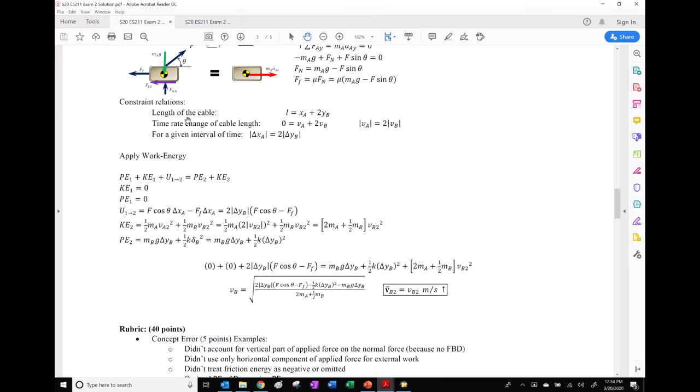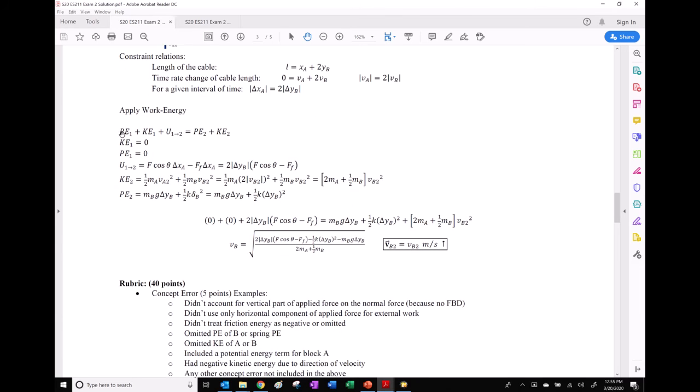And then we do the constraint relationship, which is a relatively simple one with the pulleys. We know that the velocity of A is going to be 2 times the velocity of B. But also if you multiply by delta t for a given interval of time, the displacement of A is going to be 2 times the displacement of B.